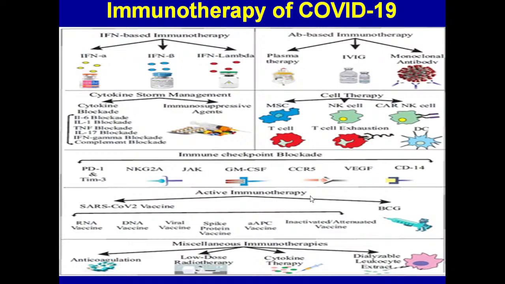Then we may have active immunotherapy. What do we mean? This is the SARS-CoV-2 vaccine, and there are several types. Of course, they are used for immunoprophylaxis, but maybe once it can be used for immunotherapy. It is believed that some injections or some previous infections may improve the immunity, so it will fight the coronavirus better.